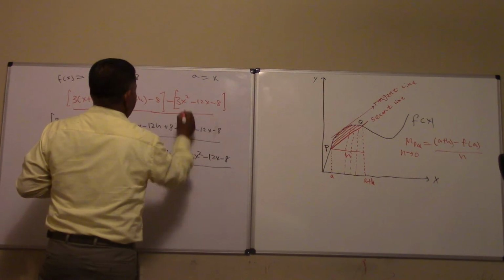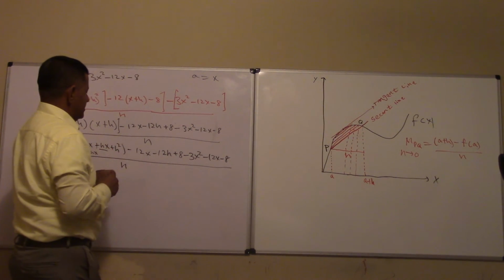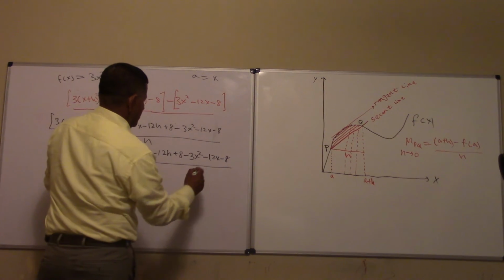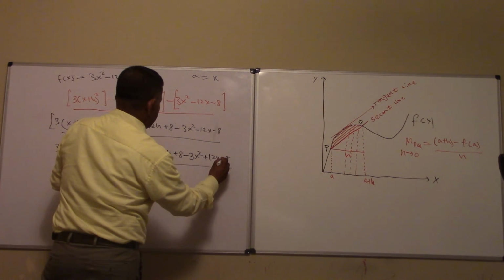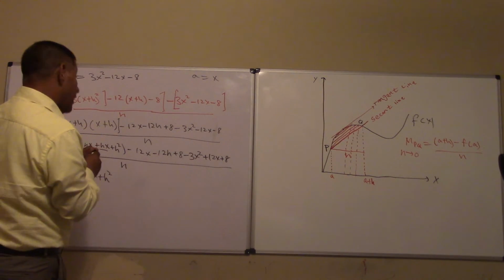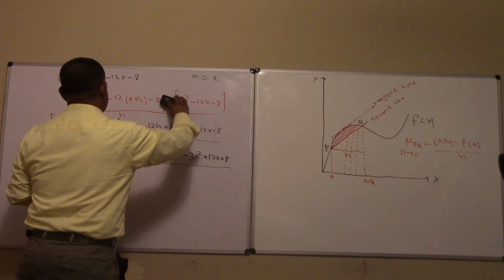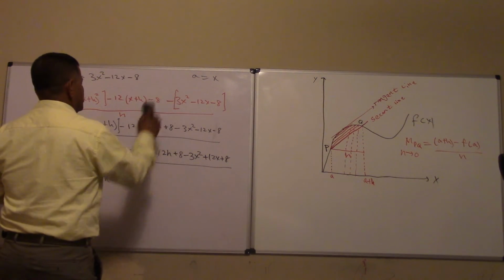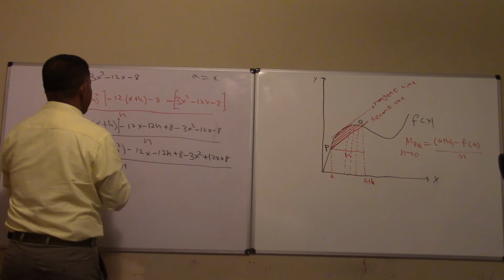All right? So when I do that, that's why it's important to put a bracket. When you put a bracket here, that becomes a plus, and this becomes a plus, and this becomes a plus. But I leave this alone. That bracket is only to serve me that it is part of that.